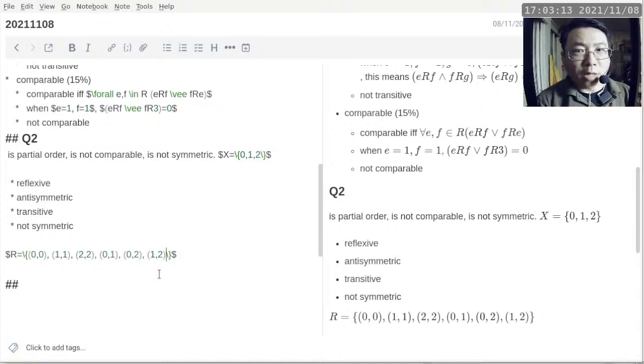It is now comparable because 0 relates to itself, relates to 1, also relates to 2, 1 relates to 1, relates to 0, also relates to 2, 2 relates to 2, 2 relates to 0, 2 relates to 1. So it is now comparable, but we don't want it to be comparable. So that means we have one too many elements. We just cannot have this one here to make it comparable. So I think this is the largest set you can have to meet all the requirements.